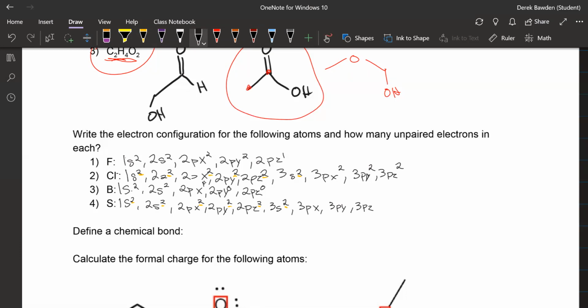Okay. So we're at 12, we need to get to 16, we need to have 4 more. So what we do here is we fill each one once, and then if we have extras, we go back and fill it again. So 3px1, 3py1, 3pz1, and we have 1 more electron we need to account for, so then 3px becomes 2. Does that make sense to everybody? Is there any questions on that one?